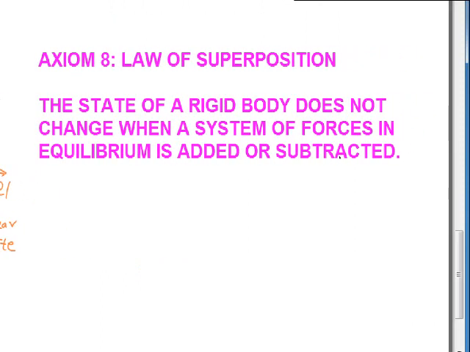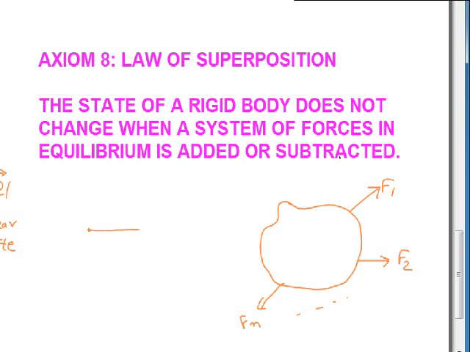That is axiom 8, which is the law of superposition, which says that when you have a system which is acted upon by whatever n number of forces, F1, F2, F3, and so on, this is one object, and you have a system of forces, let us say 2 forces, P bar and P bar.